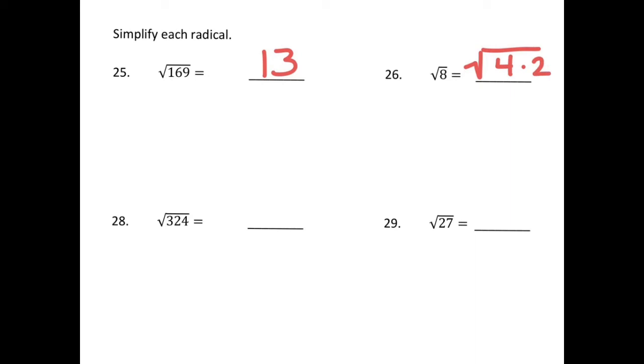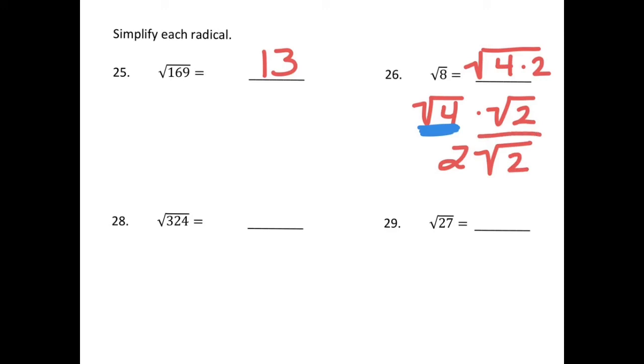Because if I do this, I know that this changes into the square root of 4 times the square root of 2. And if I do that, this is an exact number. The square root of 4 is 2. So all that I have left is 2 square root of 2. This is my simplified answer.